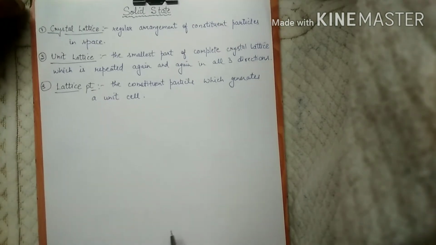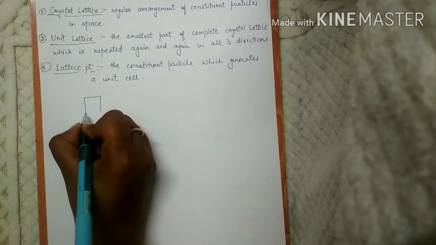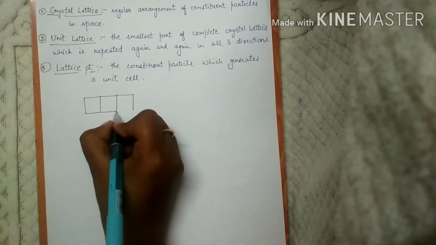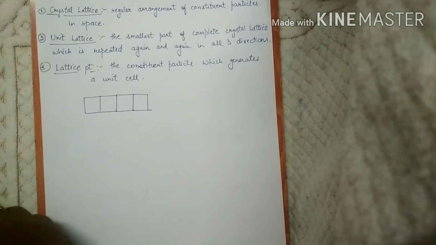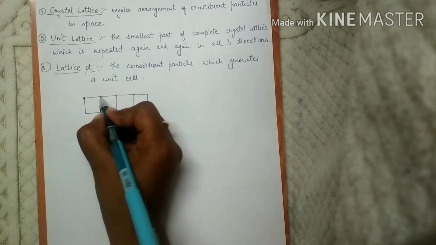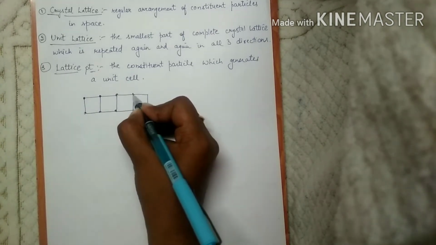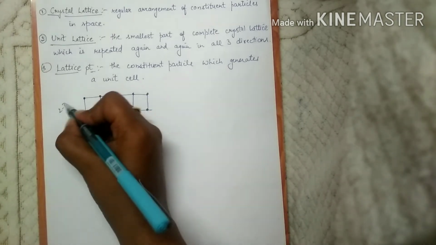So suppose we have a crystal lattice like that. Like this, we have a crystal lattice. So here atoms will be present at these points. So this is two-dimensional lattice.